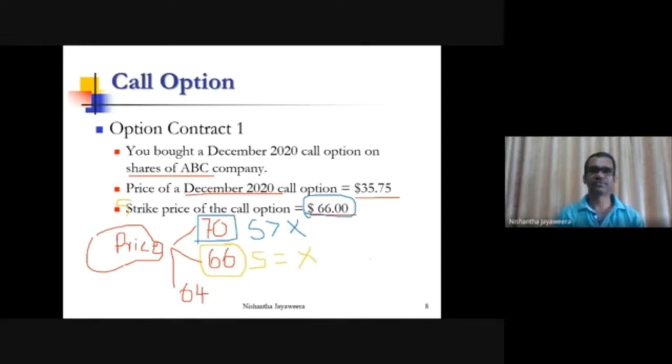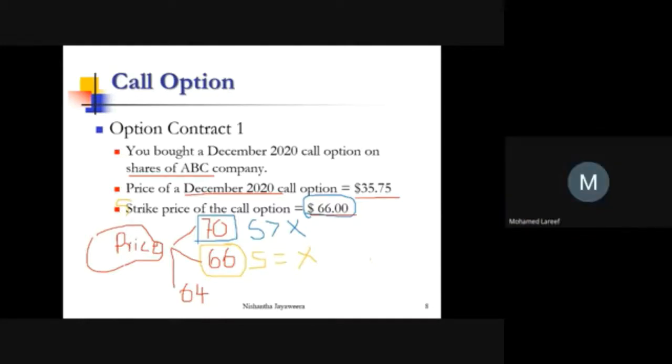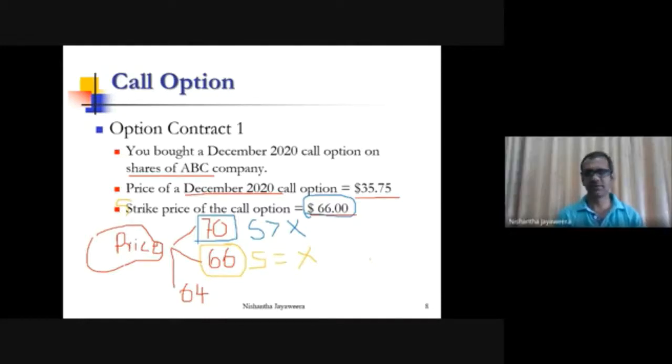What do you do? So you can buy or leave it as it is. Either you can buy or let it expire. You don't do anything. We call that letting the option expire.